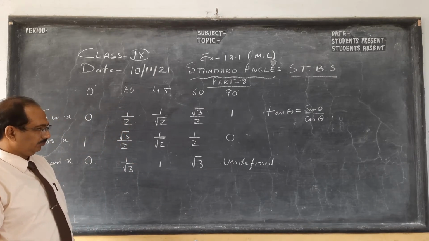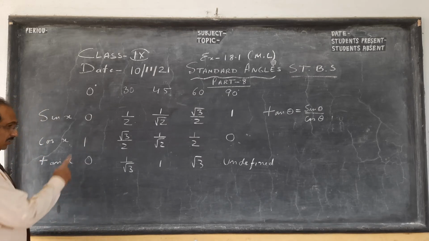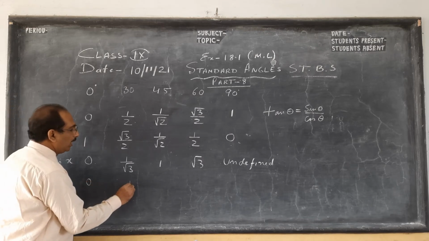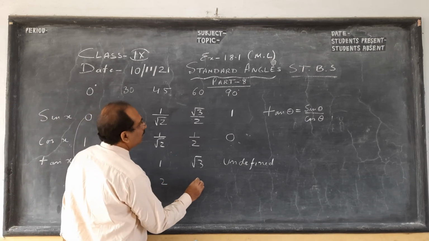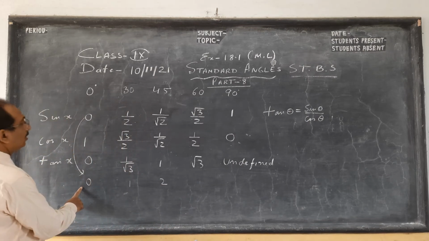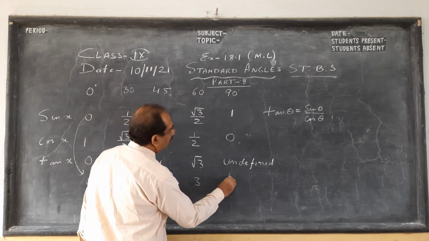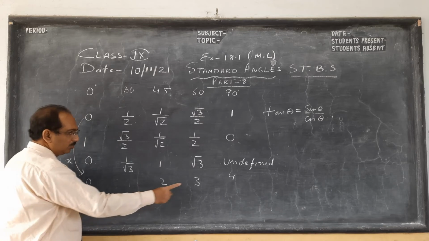So another way is, if you want to remember sine, we write 0 1 2 3 4. There are 5 values, 0 1 2 3 4.